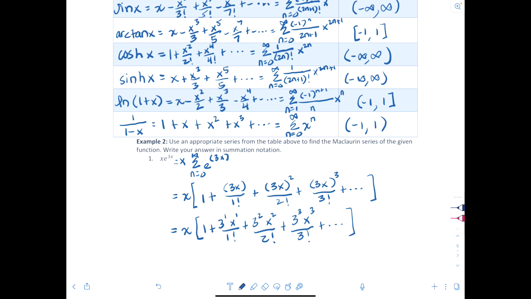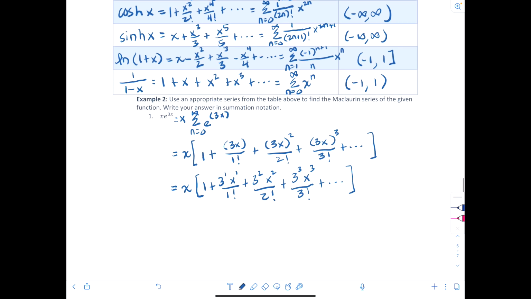Now I can go ahead and multiply in the x. So this is now going to be x plus 3 to the 1 x squared over 1 factorial plus 3 squared x cubed over 2 factorial plus 3 cubed x to the 4th over 3 factorial plus dot dot dot.